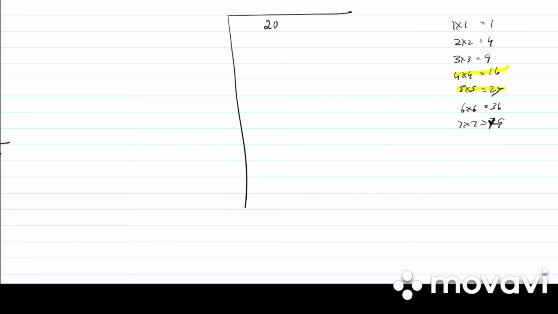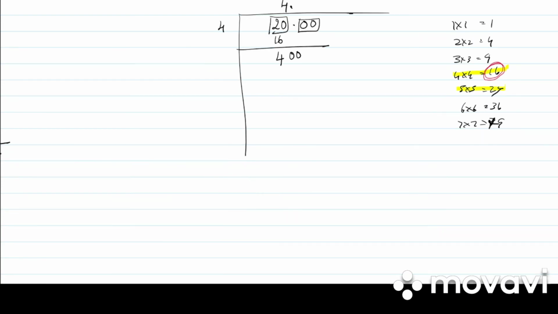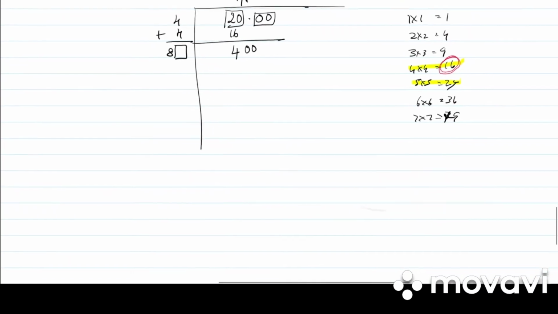But we take the number which is before 20. So we will be taking 4 4s are 16. How much is remaining? 4. Plus we add the same number, 4, 8. Then we put a decimal point. We bring two zeros down. We add the same number 4 here. We get 8. Now we need to have another number over here.